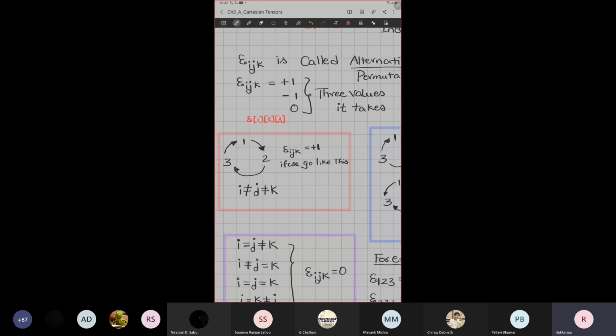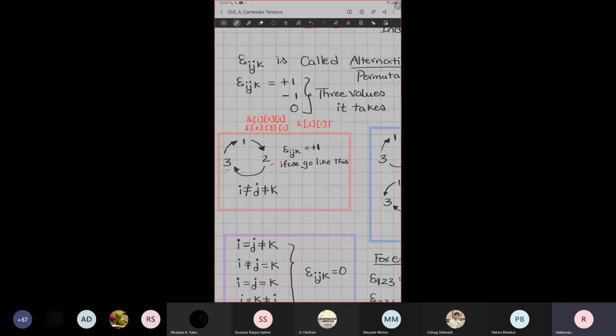That's what I'm going to show in a cyclic way, like 1 arrow going to 2, going to 3, and again repeat. Or something like epsilon 2, 3, 1, or epsilon 3, 1, 2.